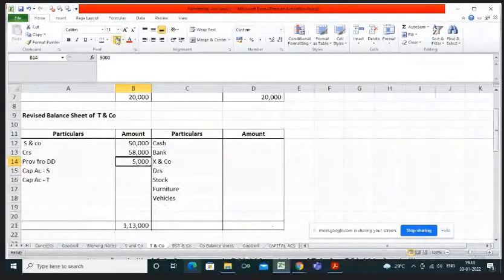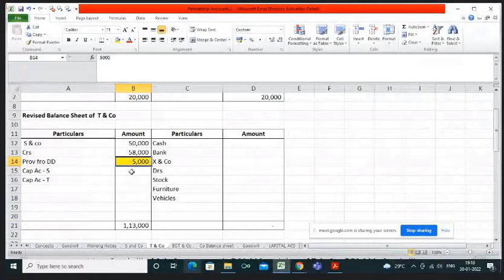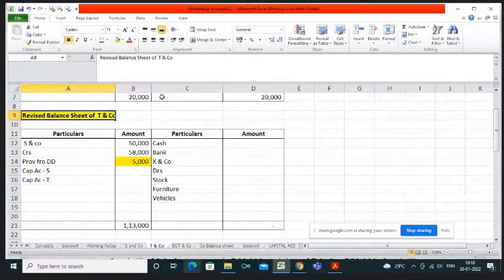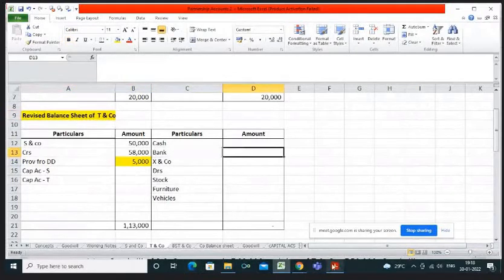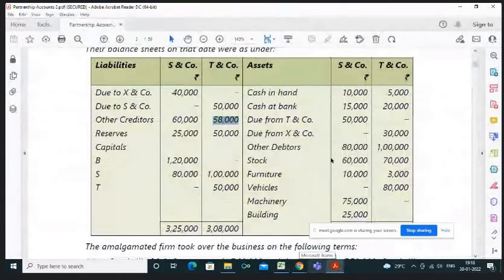Reserves are already transferred to the partners' capital account. Provision for doubtful debts, how much have we created? 5,000. So 5,000 here. This is a difference between the balance sheet given in the question and our revised balance sheet.